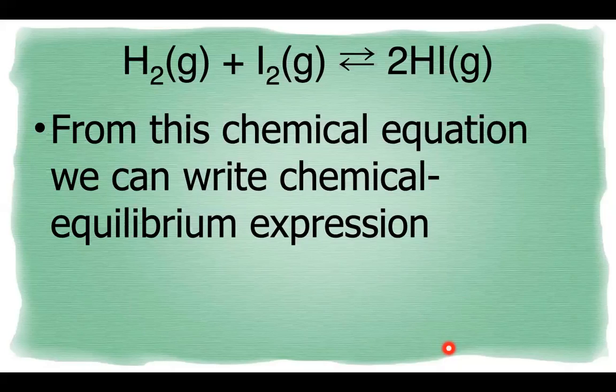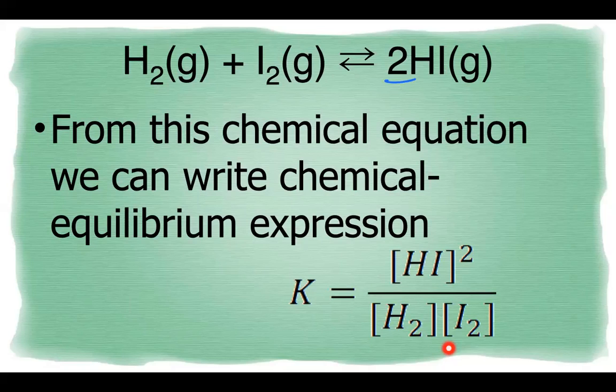From this chemical equation, we know that it's balanced because we have our coefficients in place. We can write the chemical equilibrium expression. So K equals the concentration of hydrogen iodide squared over the concentration of hydrogen times the concentration of iodine gas.